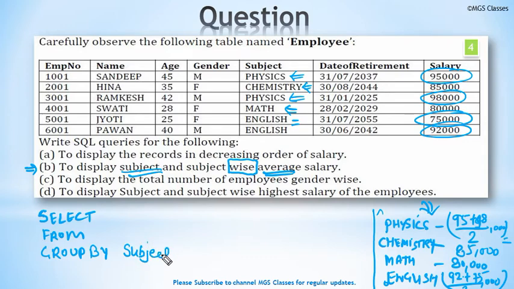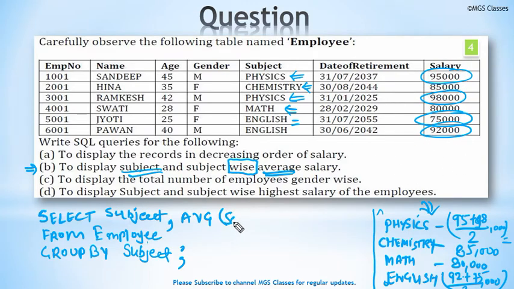So we have to write group by subject, and from which table do we want to calculate? The employee table. And what do we need to display? Subject name we want to display, so we will write subject, and then the average salary. For calculating the average salary, we have the AVG function in SQL, and which column's average do we want?